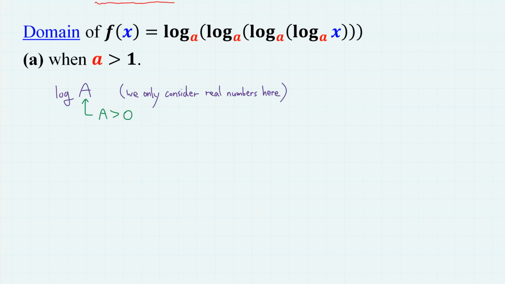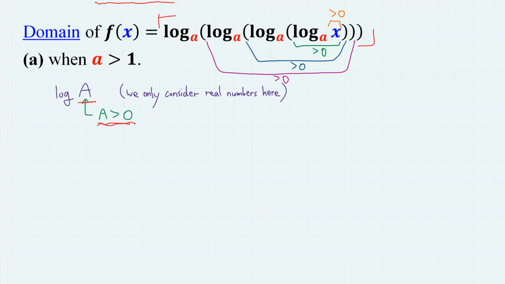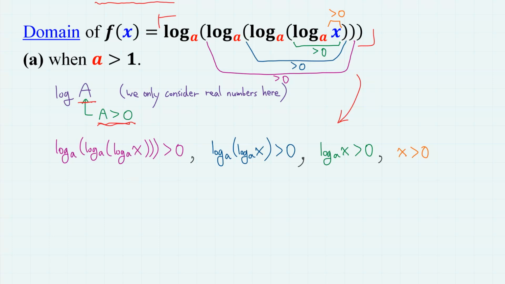The thing about logarithm is, the argument part of the logarithm must be positive. Therefore, for this composite function, every part that is inside the logarithm must be positive. This gives us conditions such as these, and I am going to handle only this inequality because it gives the strictest condition for x.